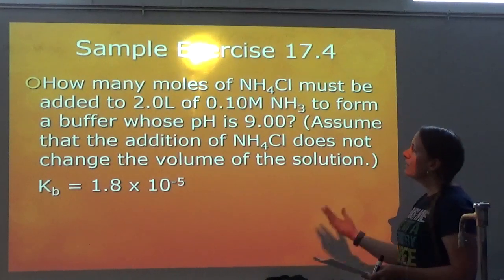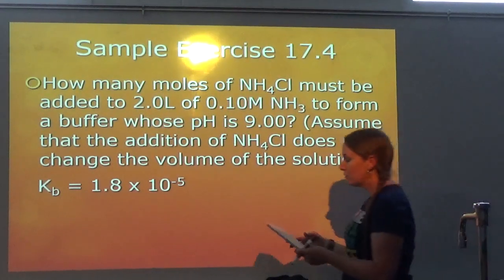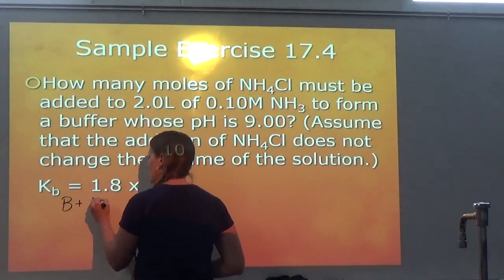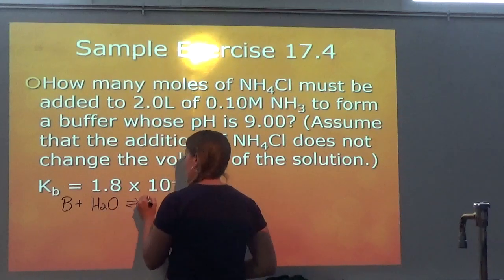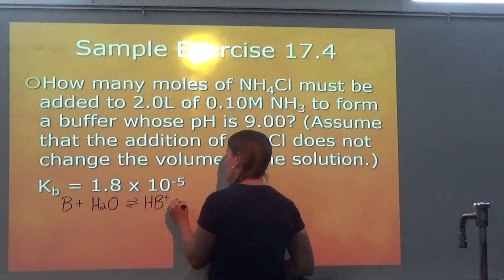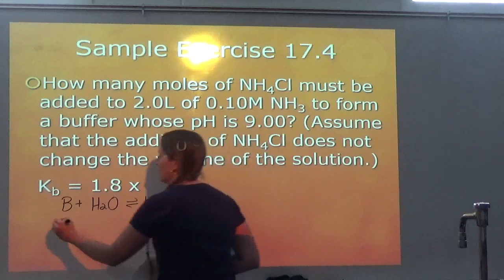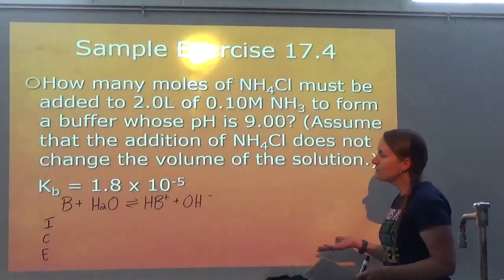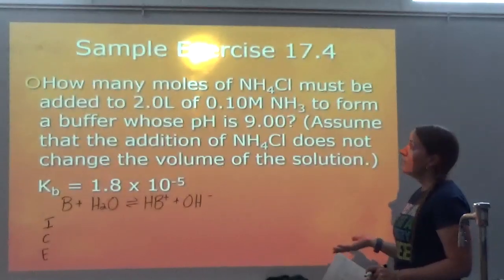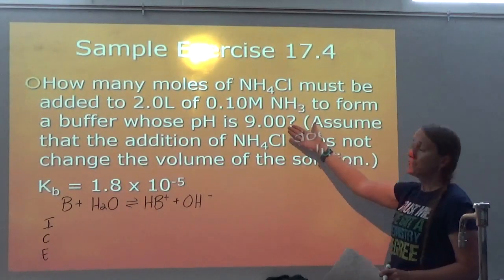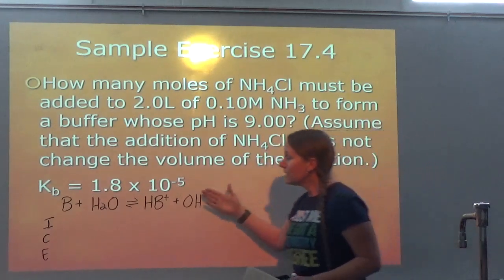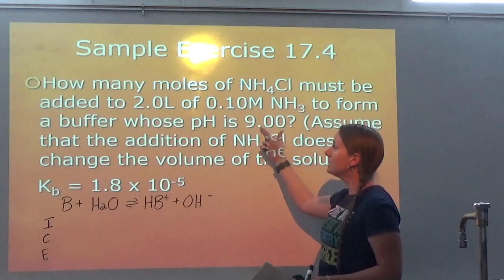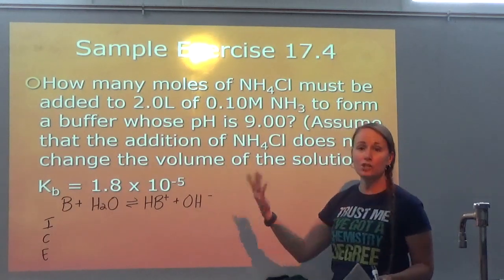All right, so what we have is a Kb. Remember my generic formula for Kb is base plus water gives HB plus and OH minus. What they're telling me is that the pH is 9. Figuring out anything else besides H plus is not helpful, but I can get from pH to OH minus.